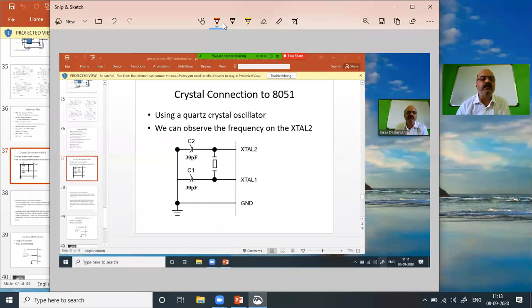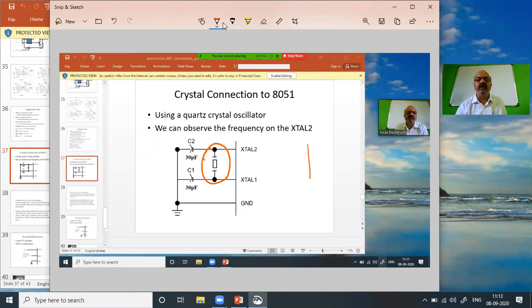What you can do is, here is your crystal. This is your crystal. So crystal is nothing but a piezoelectric crystal. All of you know what is piezoelectric crystal. The piezoelectric material is used as a crystal.